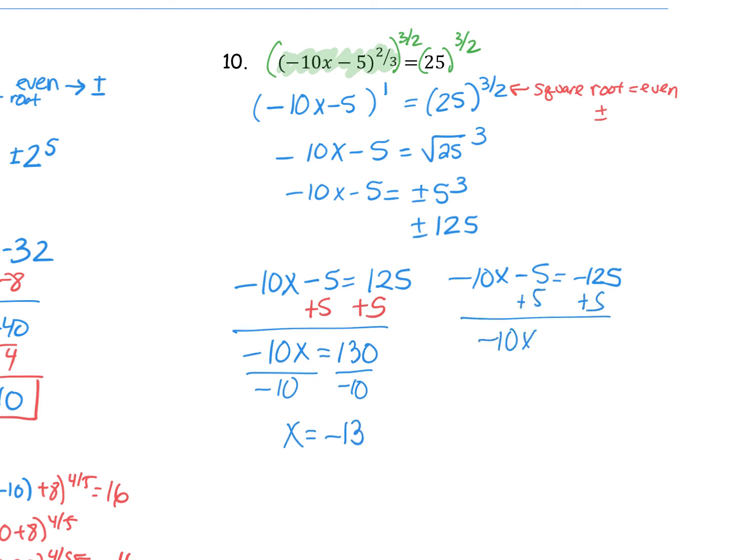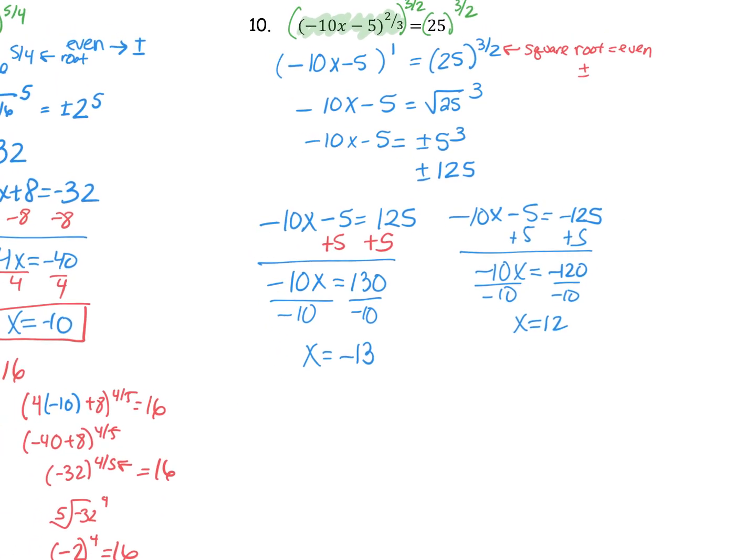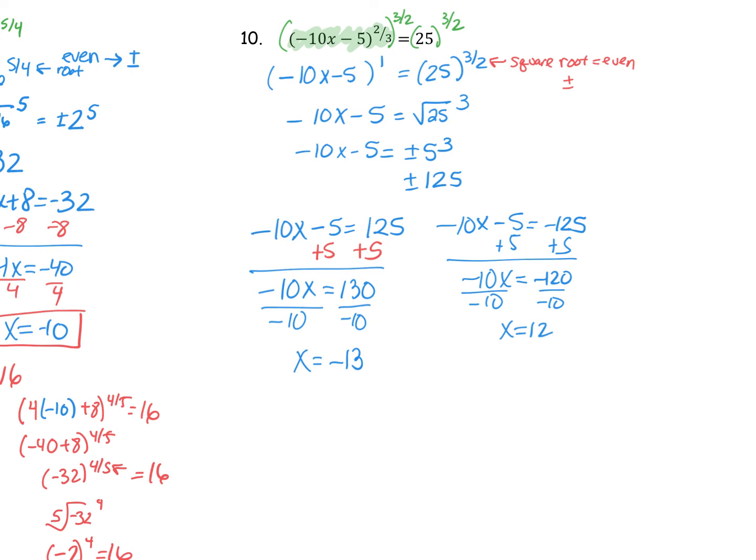I'm still going to need to check. So I'm going to add 5 to get negative 120, divide by negative 10, and I'm going to get that x is 12. So those are my two potential solutions. So let's check to make sure they both work. I'm always checking them again with that original equation.